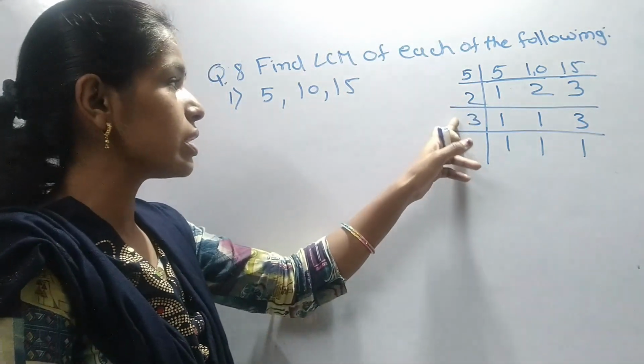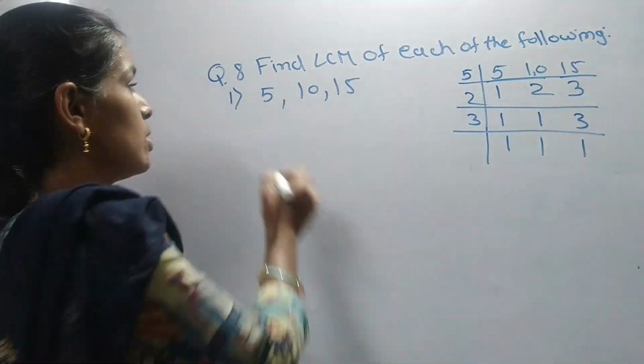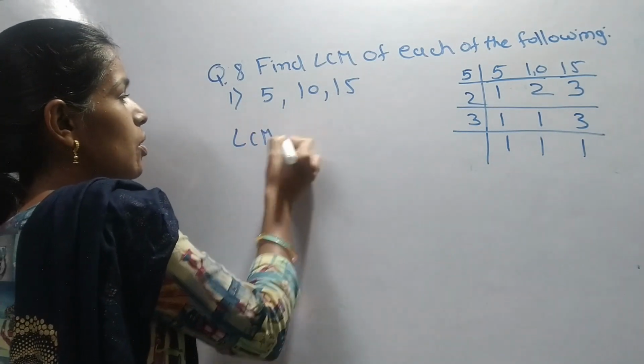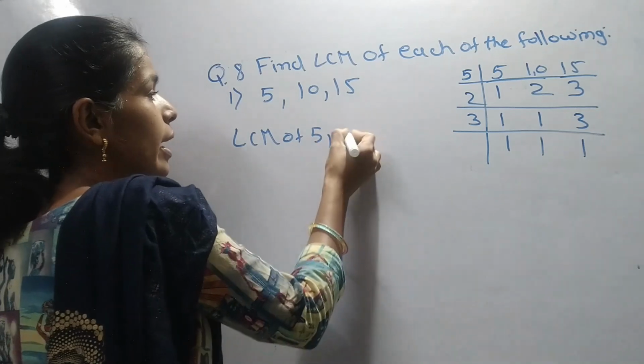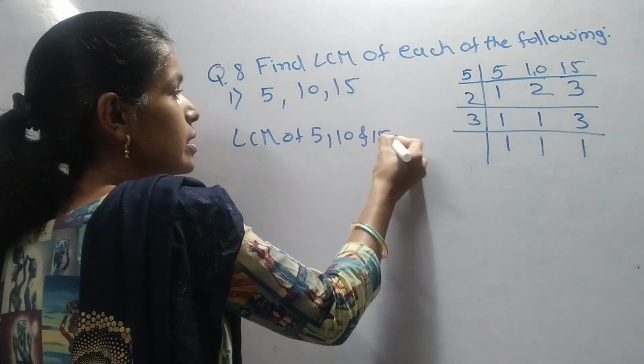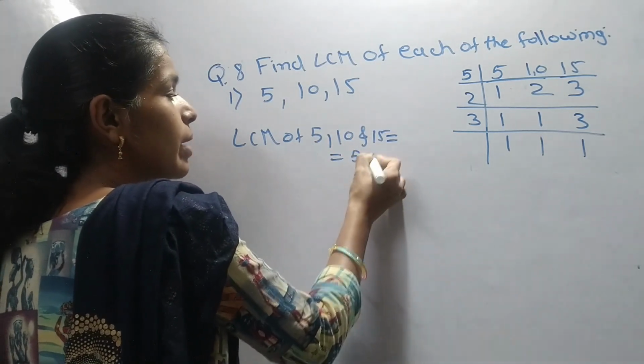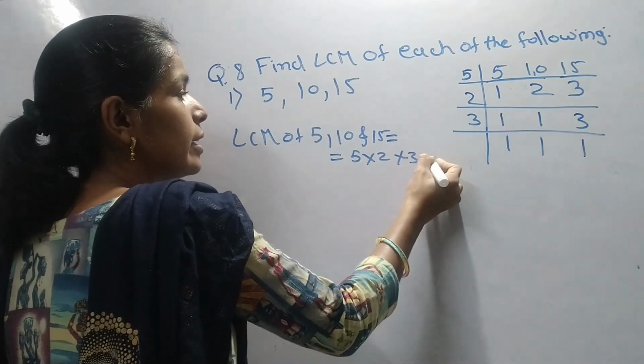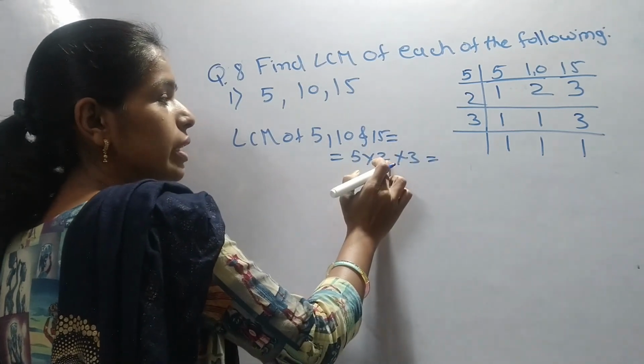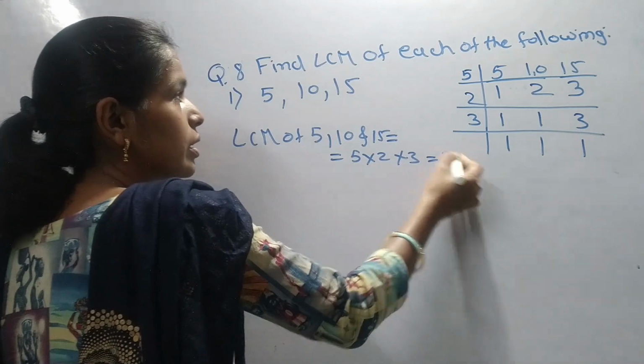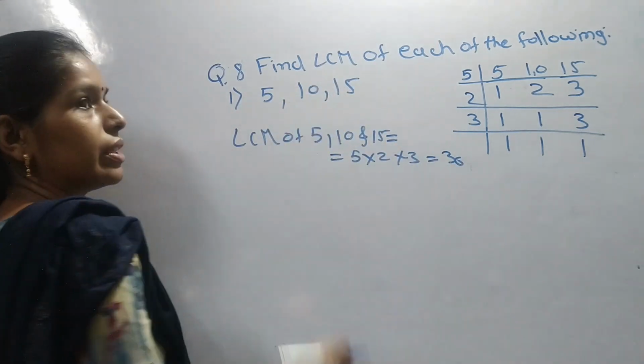Just multiply these numbers and you will get the LCM. So the LCM of 5, 10 and 15 is equal to 5 multiplied by 2 multiplied by 3, which is 5 2s are 10, 10 3s are 30. So 30 is the LCM of 5, 10 and 15.